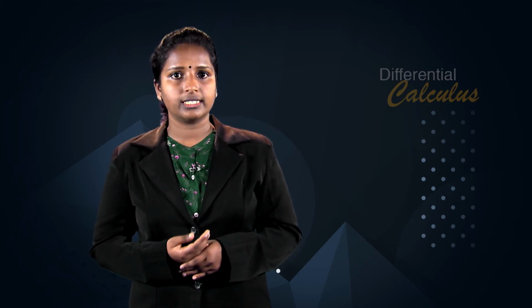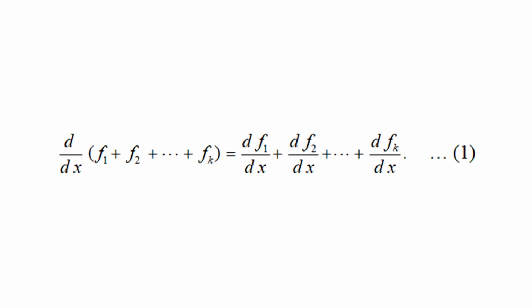So, suppose that d/dx of f1 plus f2 plus etc. plus fk equals df1/dx plus df2/dx plus etc. plus dfk/dx, equation number 1.